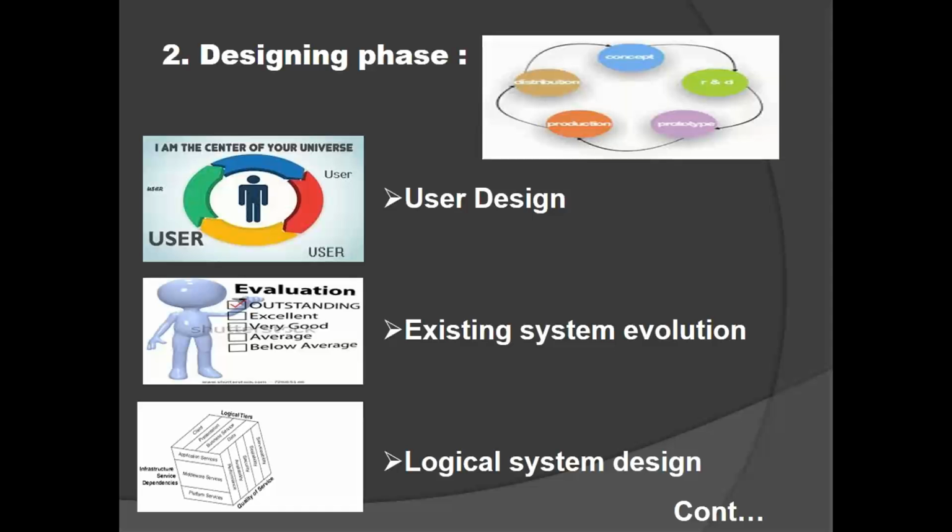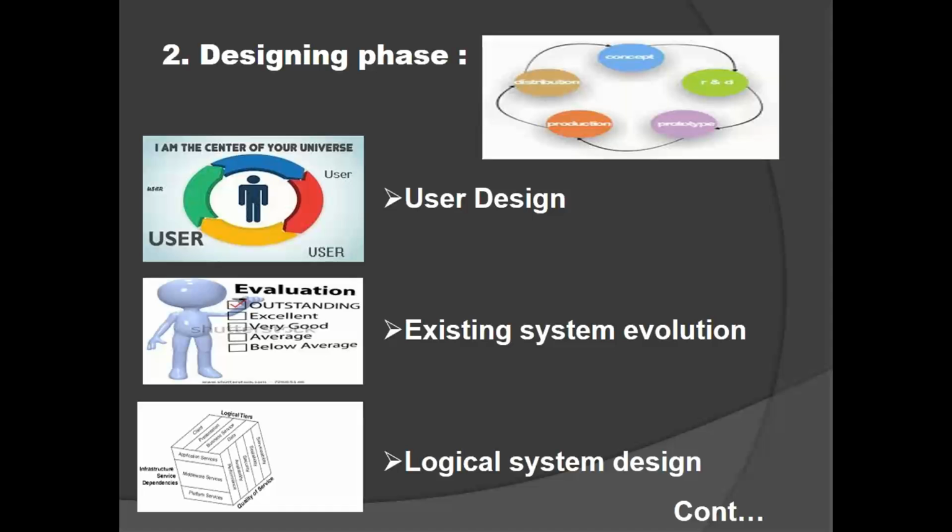GUI stands for graphical user interface. And ERD stands for entity relationship document. This document will explain how the connectivity goes from one screen to another screen. So these all are prepared by the designing team. Apart from that, we will prepare process flow diagrams.